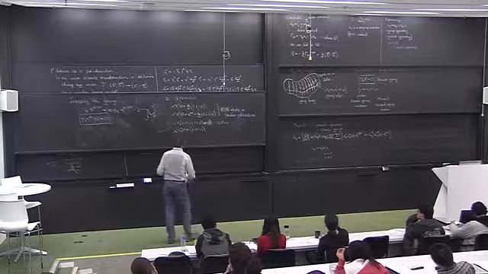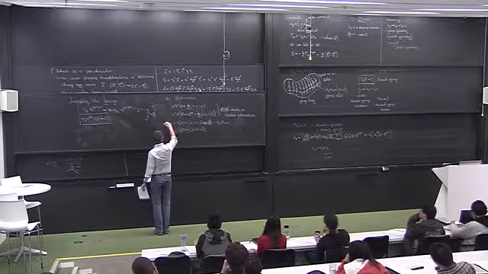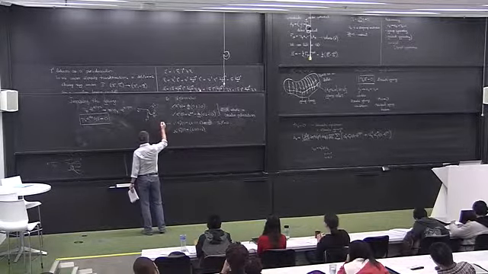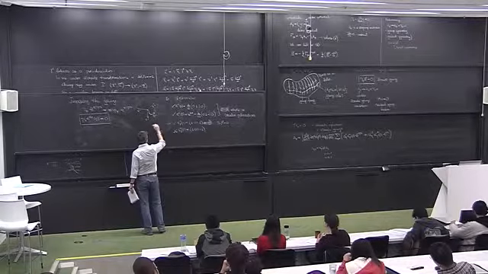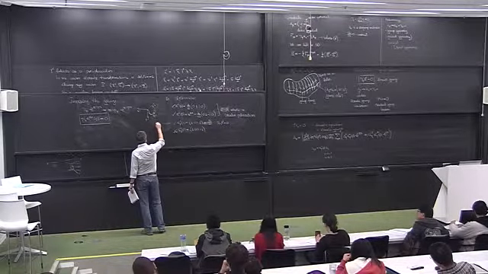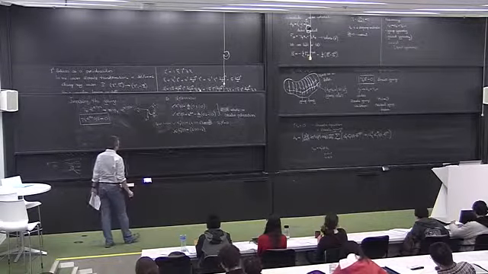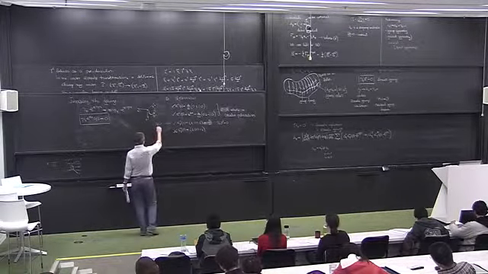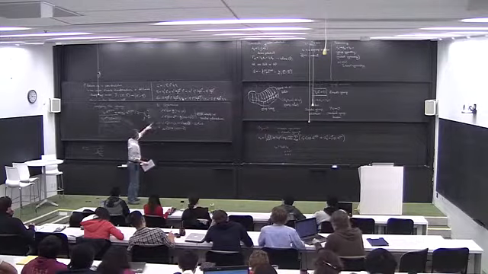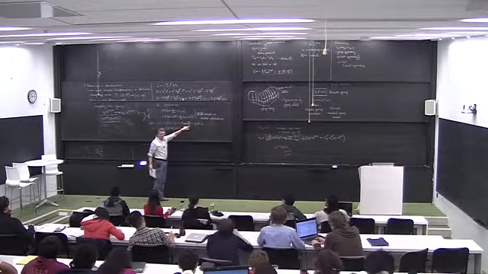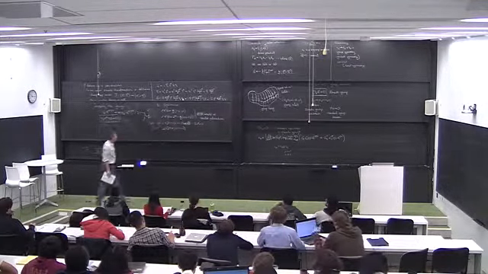So the claim is that this vector corresponds to a total derivative. Again, this omega is not the same as this omega. Sorry for using the same letter for different quantities.